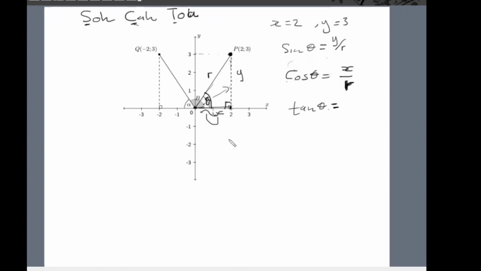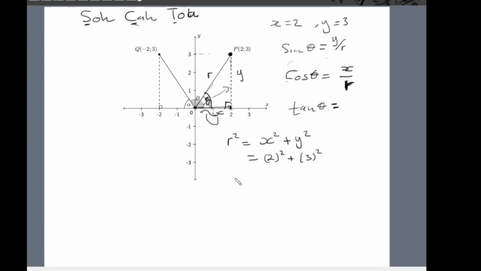So the theorem of Pythagoras says the hypotenuse squared is equal to the sum of the other sides squared, right? So we know the value of x is 2, when you square 2, and then we know that y is 3, right?